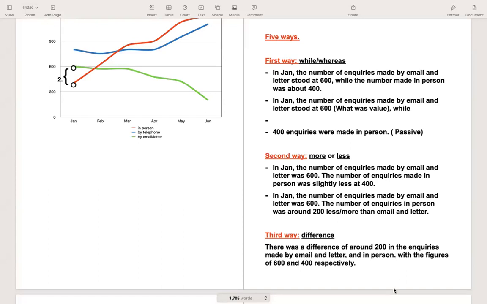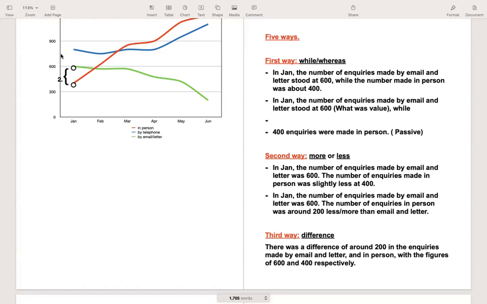Another problem: it doesn't show which one is less and which one is more, because it is showing the difference only between these two pieces of data. Perfect. So Jeet and Nafisa, both of you said the right thing.